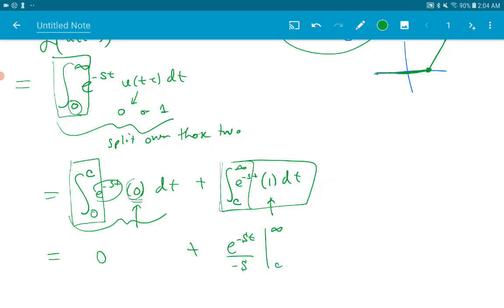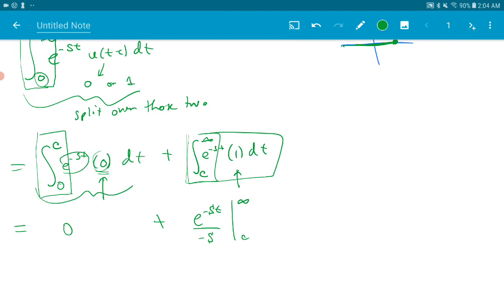from c to infinity. Okay, remember, you can't really plug in infinity. You put an a there, and then you take a to infinity. You get the idea, though. If you're going to let t equal a, this is from t equals c to t equals a. If you let t equal a in here and then let a get really large, that means e to the negative st gets really small as long as s is positive.